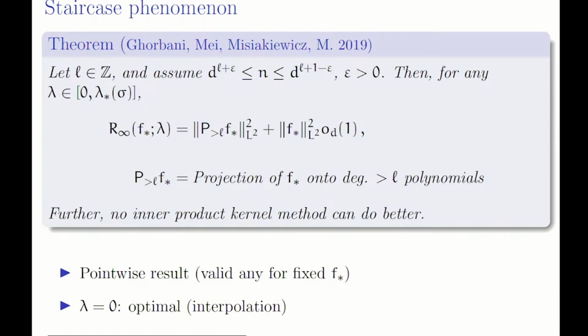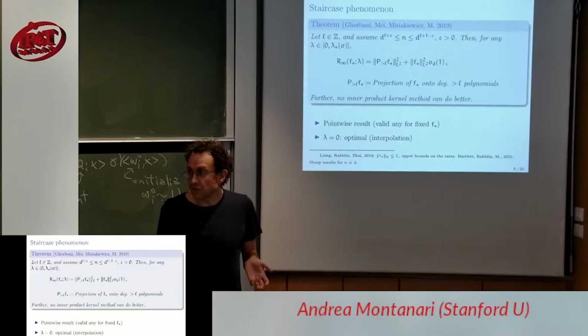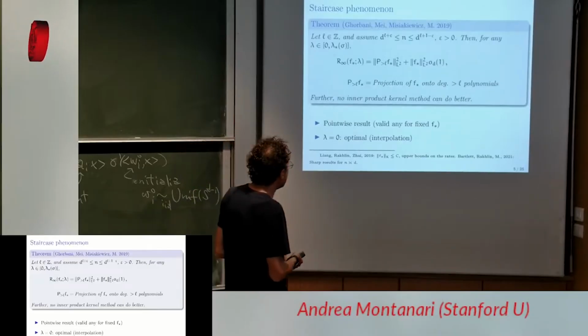What's interesting is that even if n is much larger than the number of coefficients, so d to the L+1 half, even if you have d to the 2.5 samples, you only learn the square coefficient. All the rest you don't learn at all.